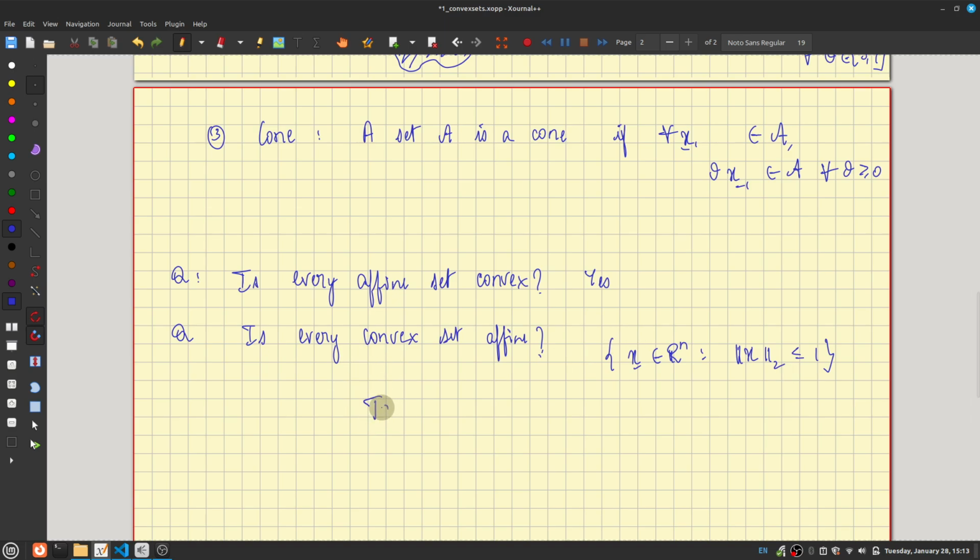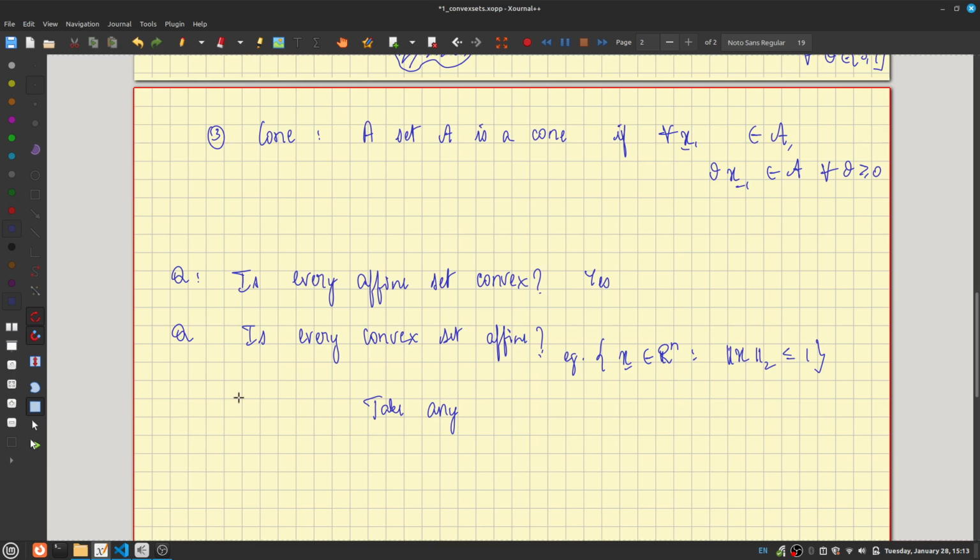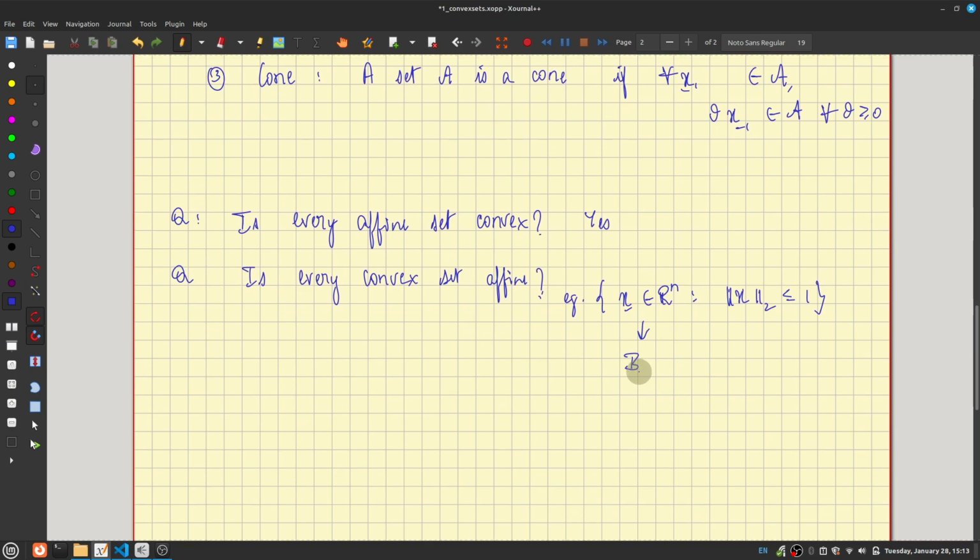Right, what I want to do is show that this set, let me call this Bn, is convex.